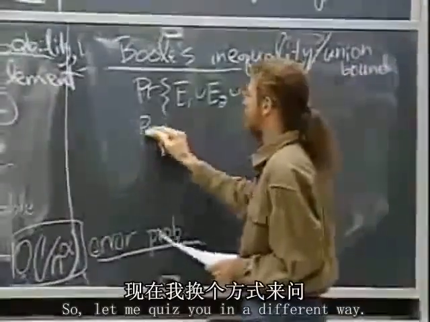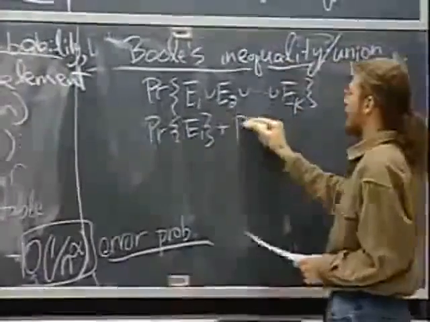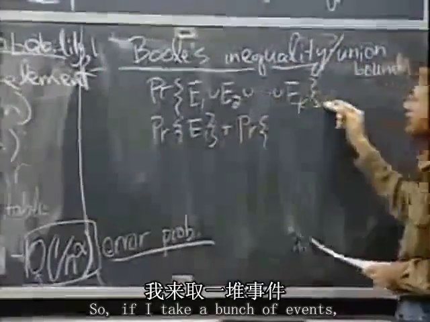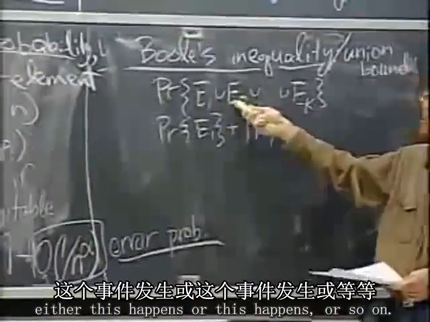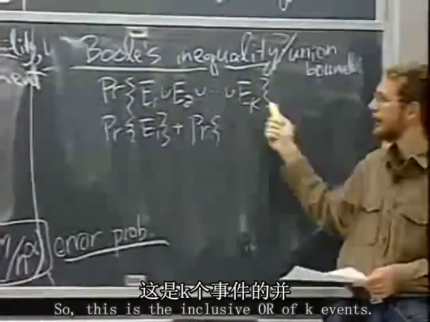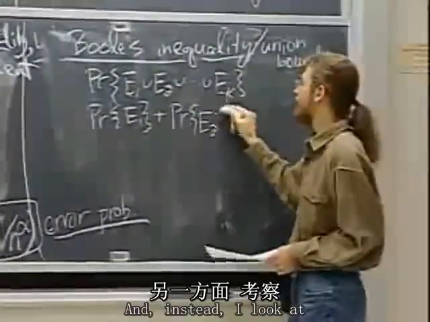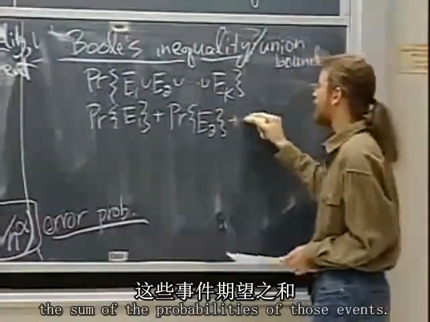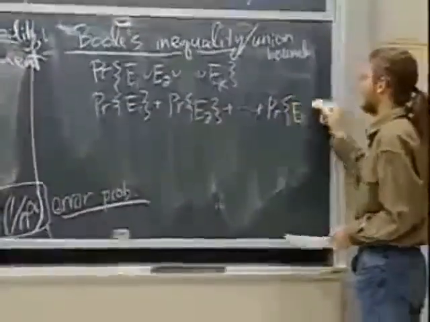So, let me quiz you in a different way. If I take a bunch of events and I take their union, this is sort of either this happens or so on. So this is the inclusive or of k events. And instead I look at the sum of the probabilities of those events. Okay, easy question.